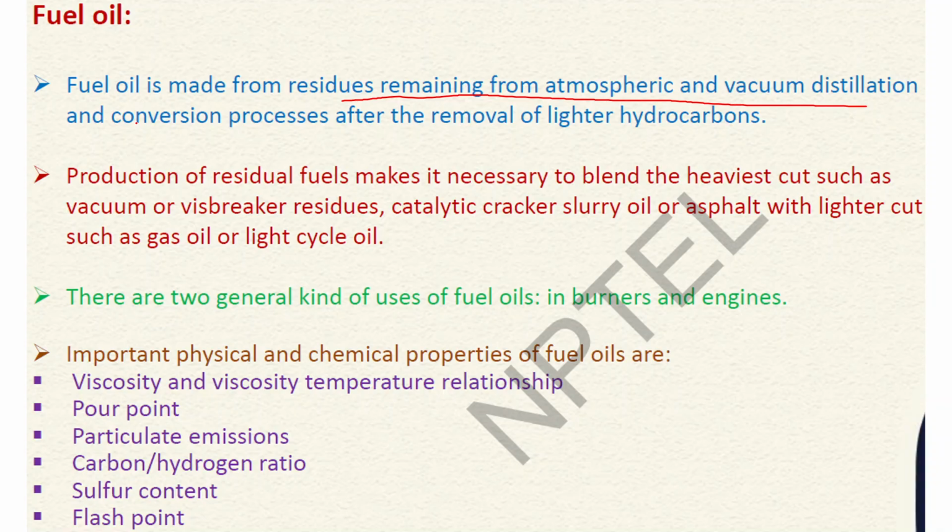The end products are the atmospheric residue and vacuum residue, but above that, the distillate cut given out is fuel oil. So it may be obtained from the residue of the atmospheric and vacuum distillation unit and the conversion processes after the removal of lighter hydrocarbons.